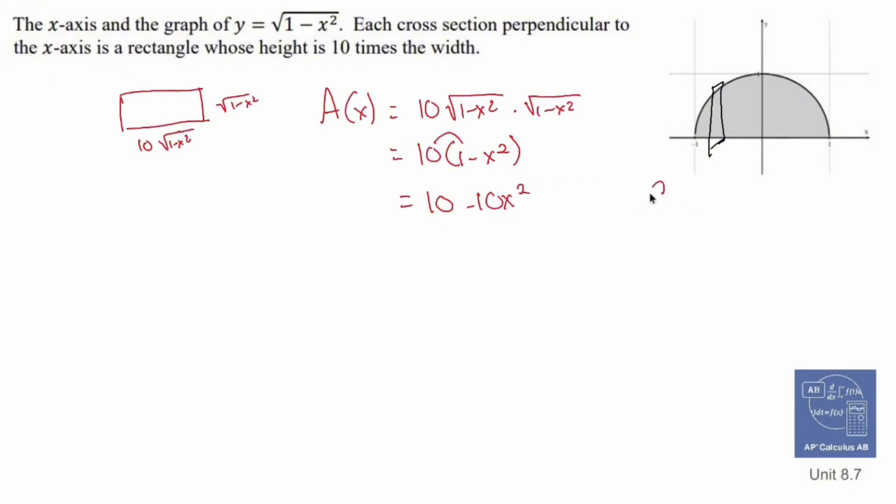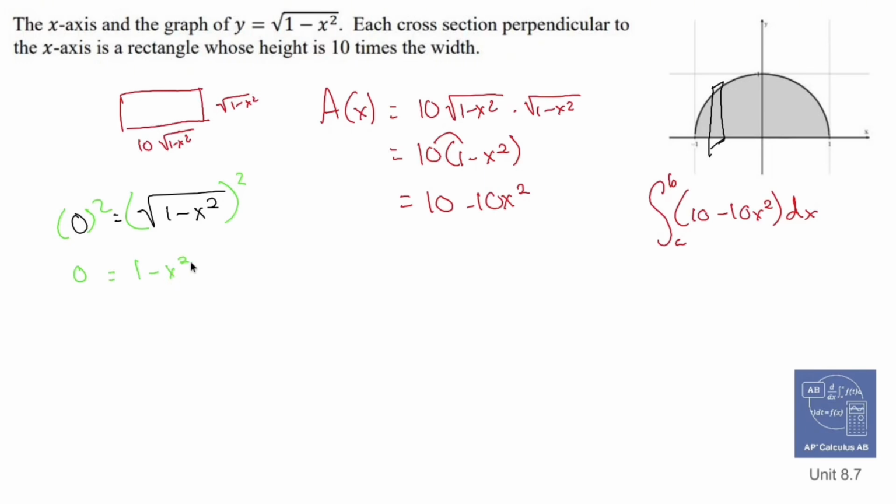So what I'm going to do is integrate 10 minus 10x squared dx. Issue number one is I don't know my limits yet. But what I do know is this guy is set equal to the x-axis. So I'm going to do 0 equals the square root of 1 minus x squared. Let's square both sides, pretty easy stuff. That's just going to make the square root go away. So 0 equals 1 minus x squared.